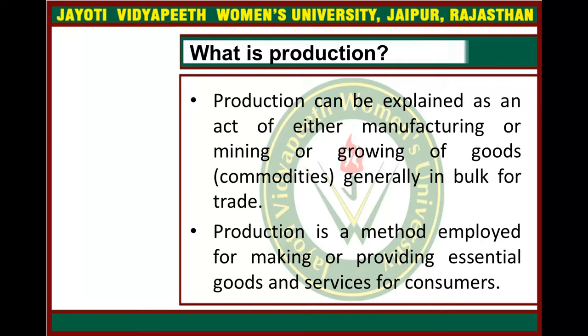Production can be explained as the act of either manufacturing or mining or growing of goods, generally in bulk or for trade. Production is a method which is employed for making or providing essential goods and services for consumers.